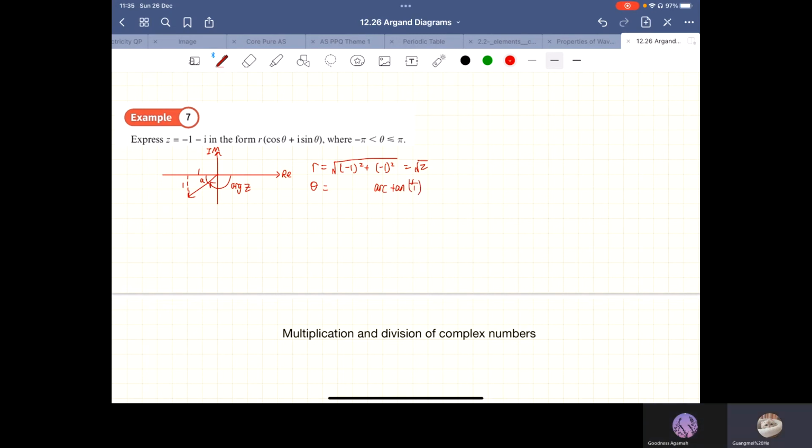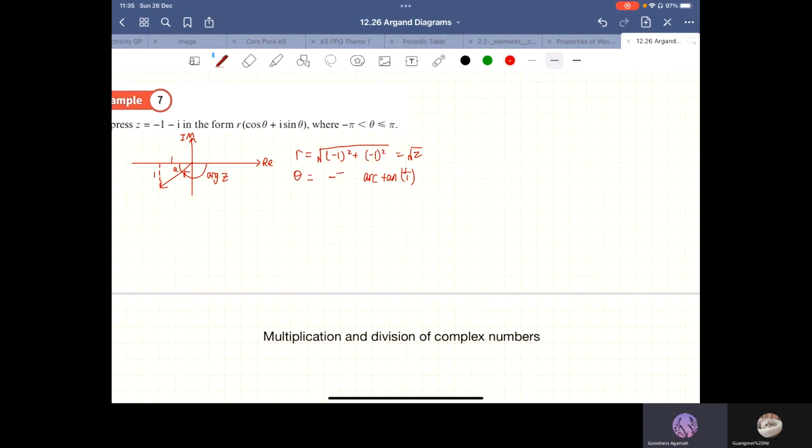And then do we need to do anything to it? Yes. What do we need to do? Subtract it from pi and then times it by -1.